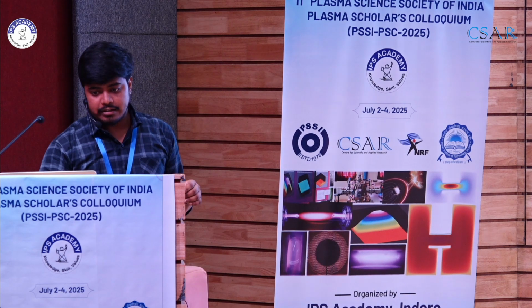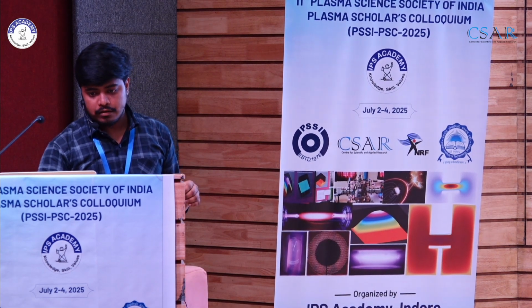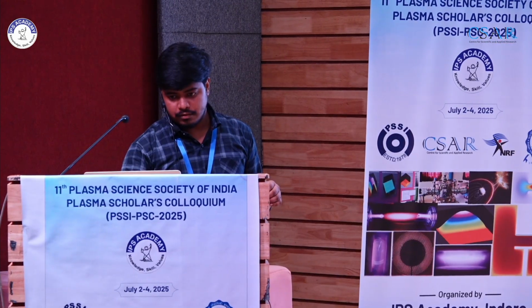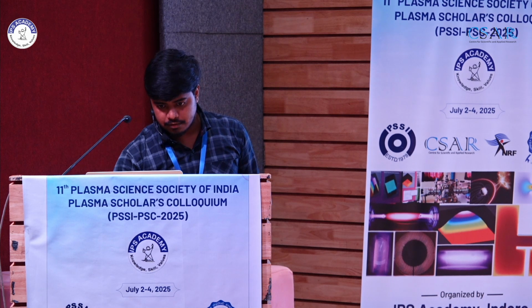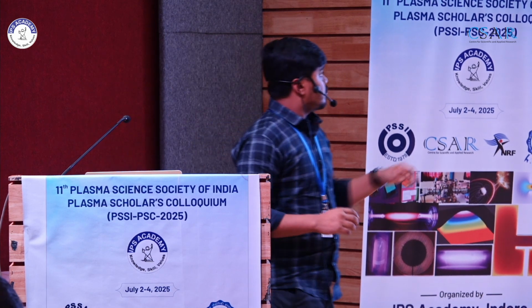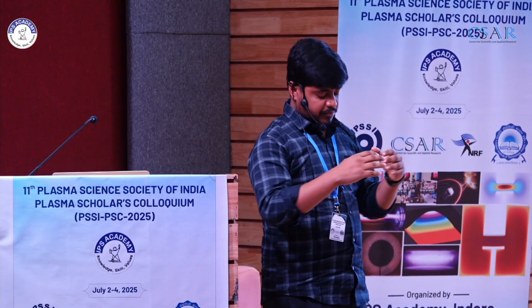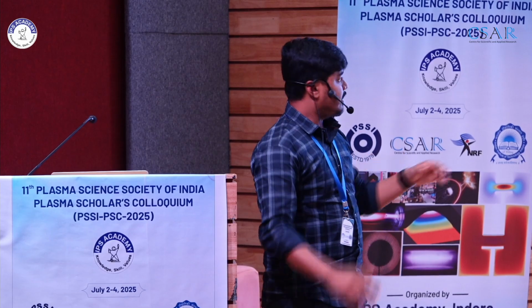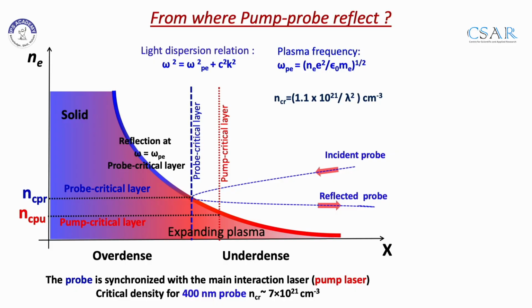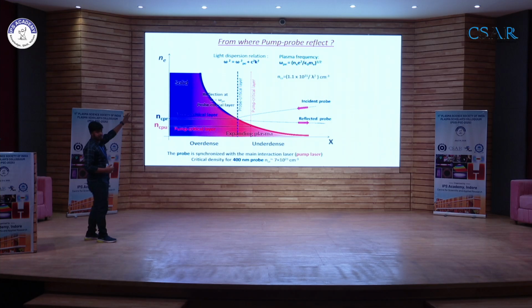Okay, so if I just go back. When this plasma forms and then tries to expand, let's say it has an exponential profile like this, and then when your probe pulse comes, inside the plasma you have the dispersion relation, which is written above: omega squared equals omega_p squared plus c squared k squared.